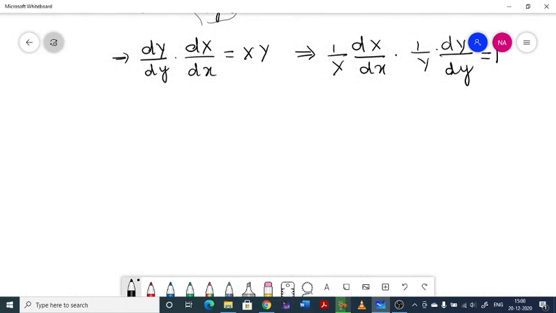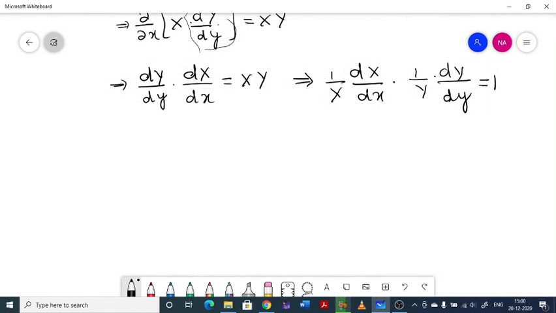Or from this we can write 1 by capital X d capital X by d small x equal to 1 by d capital Y by d small y.